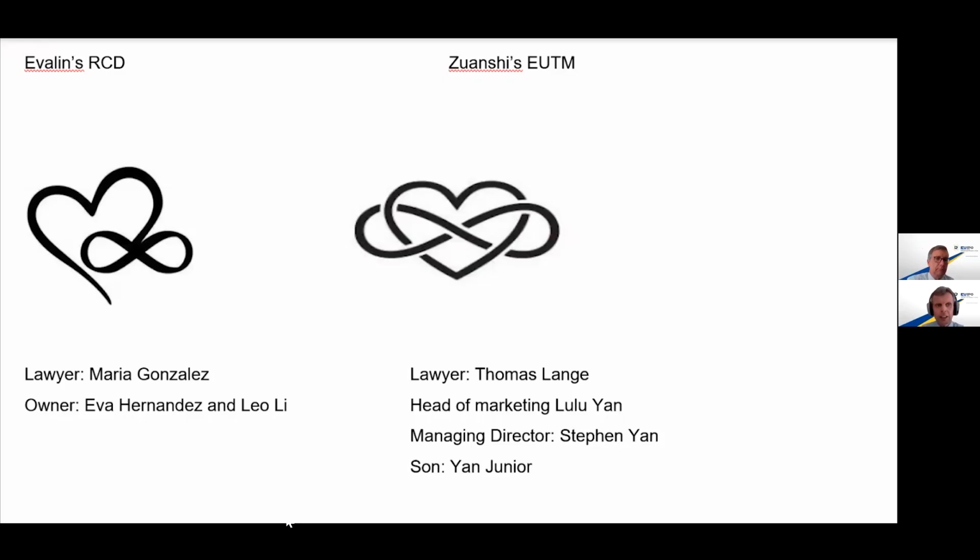Yeah, in our case, we've got a company called Evelyn, which is a little Spanish company, a husband and wife team, basically. They're in the design business, and they've filed and obtained a registered community design for this heart-shaped device with a sort of 8 on its side, so the number 8 on its side.